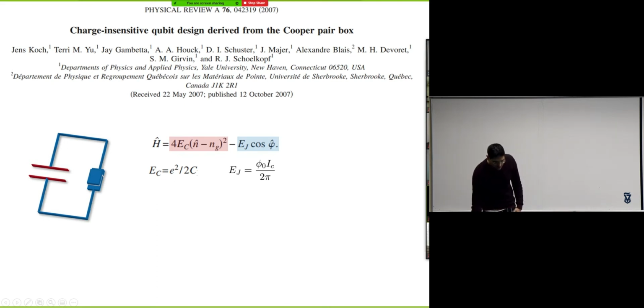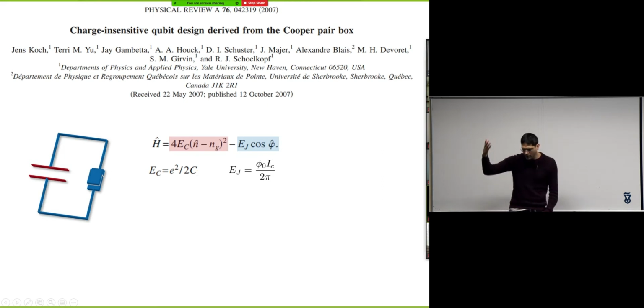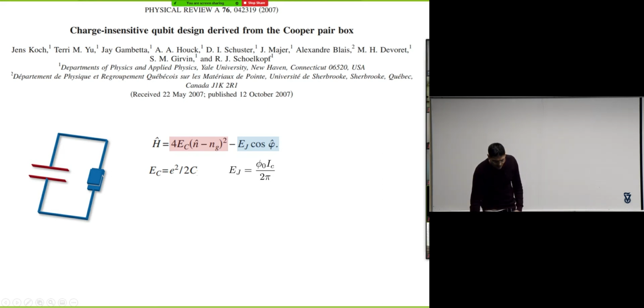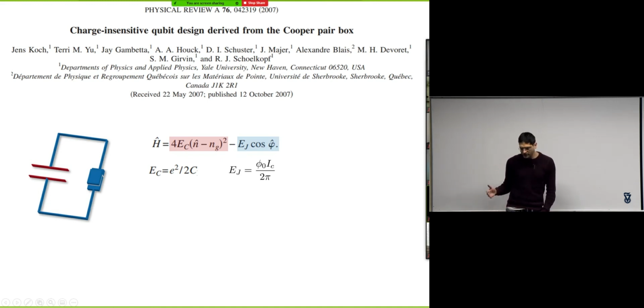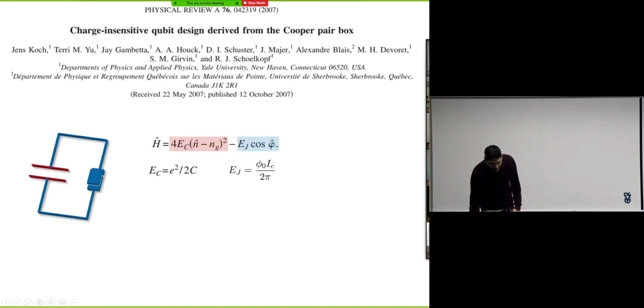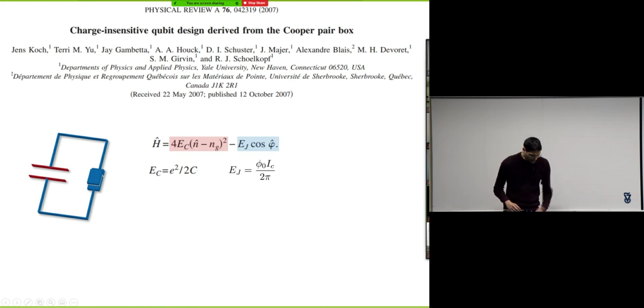You see E_C is just e squared over 2C, where Q is the same Q that we saw previously when we quantized. And here we have the Hamiltonian part of the Josephson junction, where we have E_J cosine phi. This is the energy of the Josephson junction.